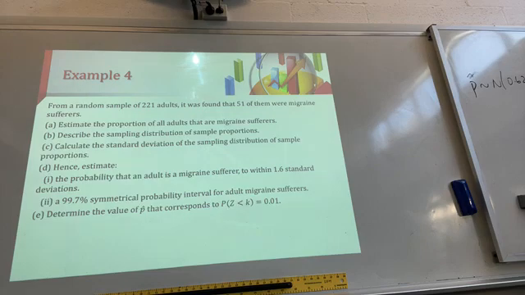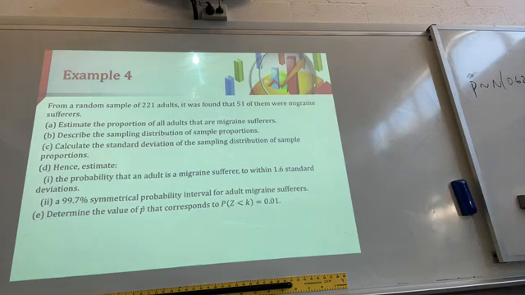Calculate the standard deviation of the sampling distribution of sample proportions. Hence, estimate the probability that an adult is a migraine sufferer to within 1.6 standard deviations, and a 99.7% symmetrical probability interval for adult migraine sufferers, and finally determine the value.